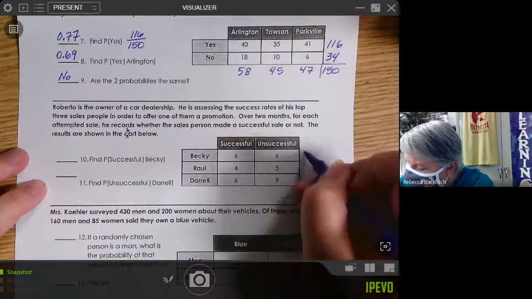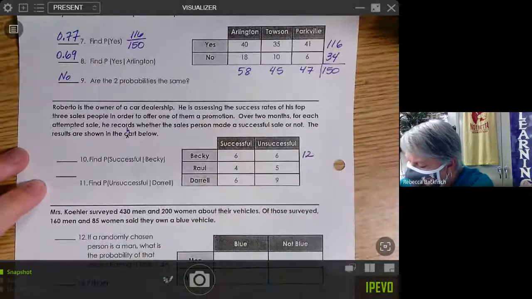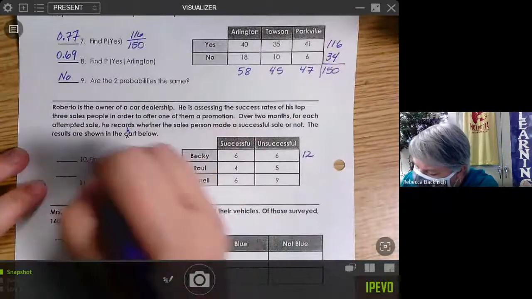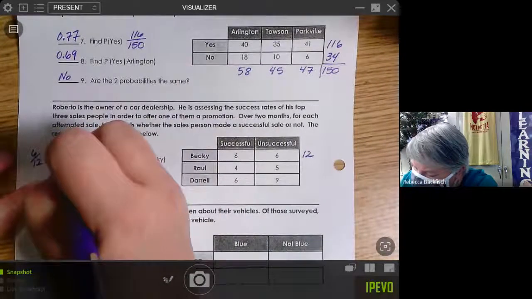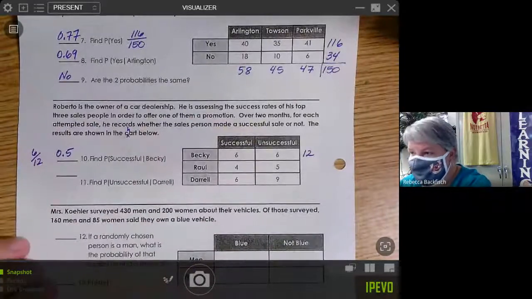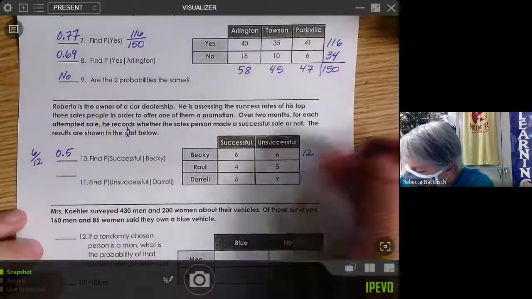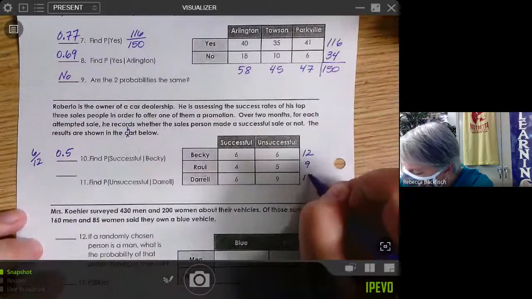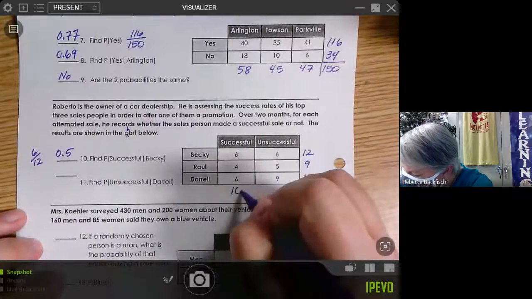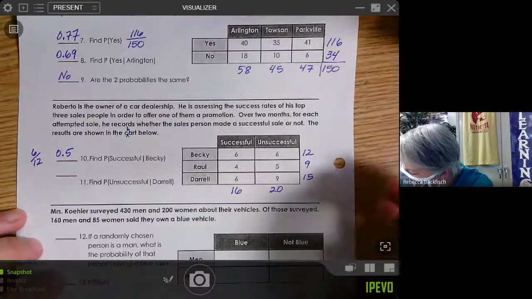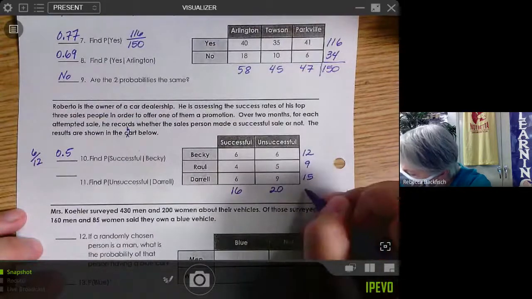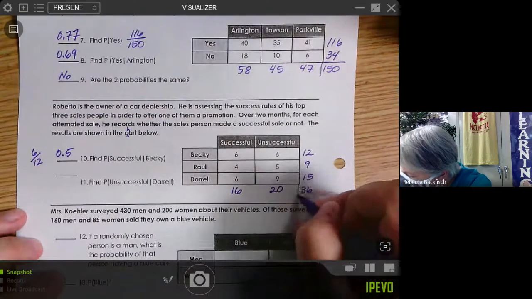Becky has had 12 attempts. 6 were successful. So 6 out of 12, which is 0.5. Let me go ahead and do these. Okay.